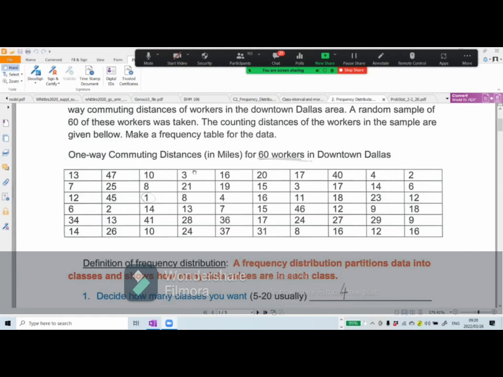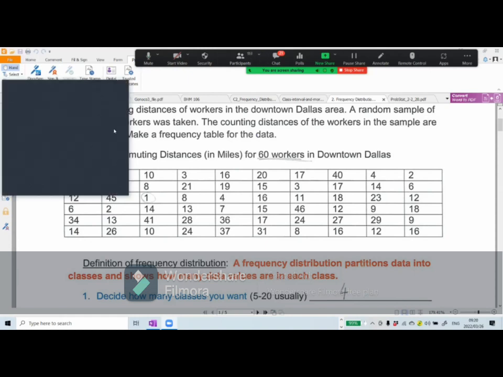Column 4, 1, 2. Column 5, 1, 2. Column 6, nothing, 0. Column 7, 2, 3.